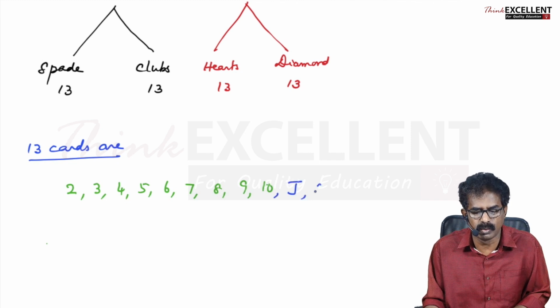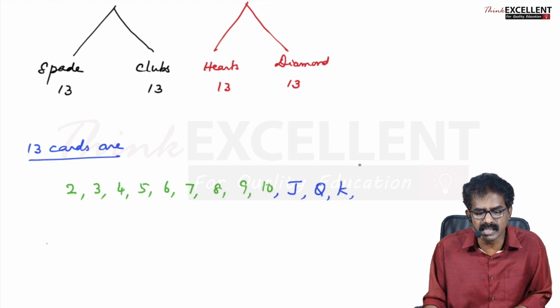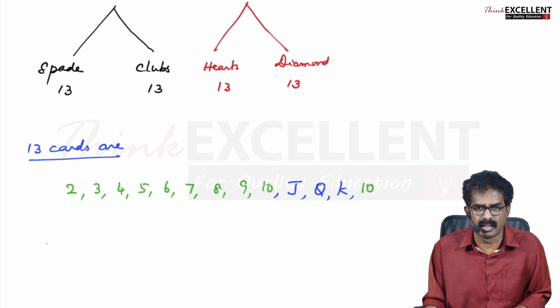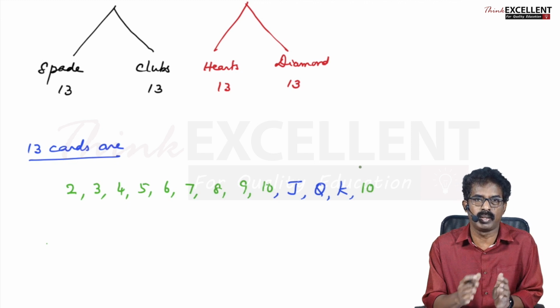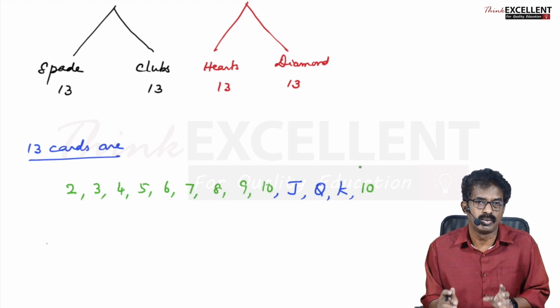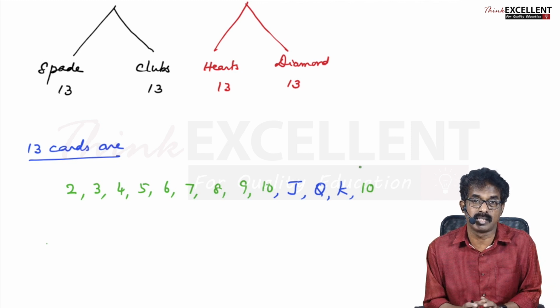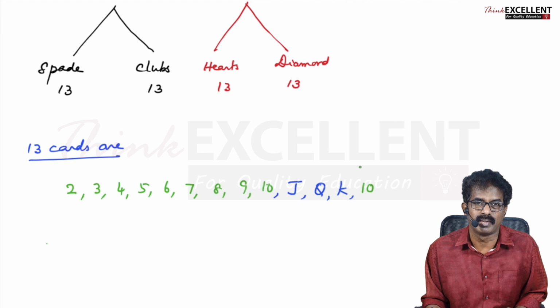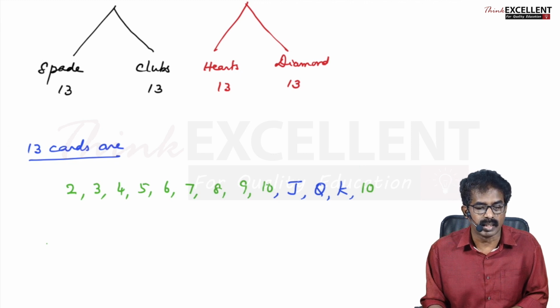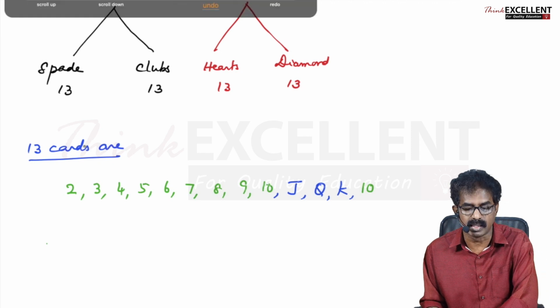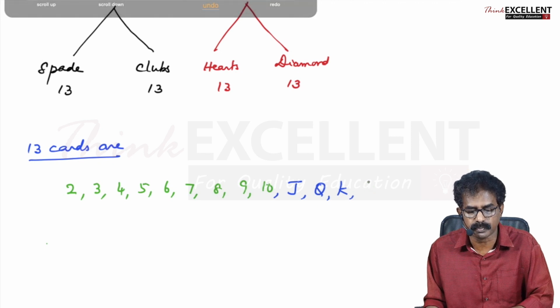Okay, Jack, Queen, King, and an ace card. There won't be any diagram on that. They put A. There are no faces you can see. Only Jack, Queen, King, you can see some faces. So those 3 cards have a special name, face cards. Those cards are called what? Face cards. Jack, Queen, King. Okay. And the last one is not 10, it is what? Ace card. So you put A here.